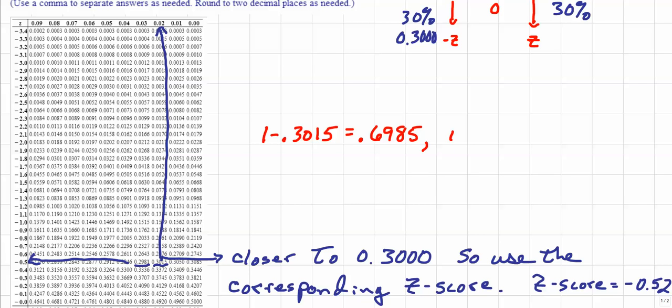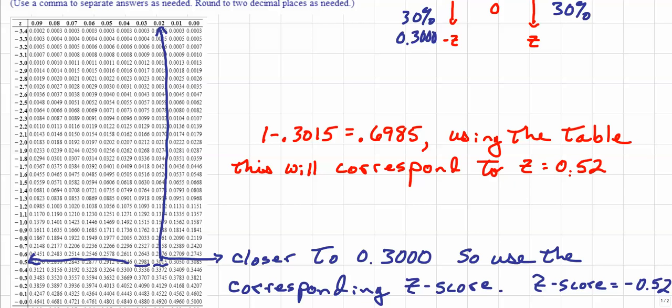And using the table, this will correspond to z equals 0.52. You'll also notice that this happens to be the positive value and this happens to be the negative value.